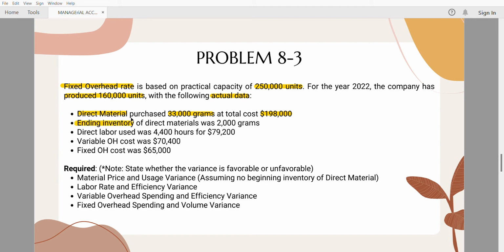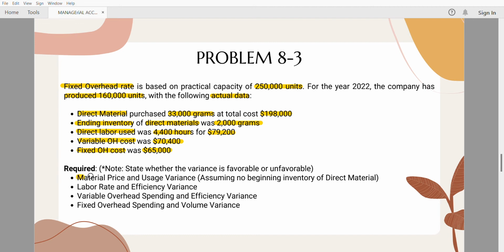Okay, ending inventory of direct materials was 2,000 grams, and the direct labor used is 4,400 hours with $79,200. Variable overhead cost was 70,400. Fixed overhead cost was 65,000. And the requirement is we still need to state whether the variance is favorable or unfavorable.